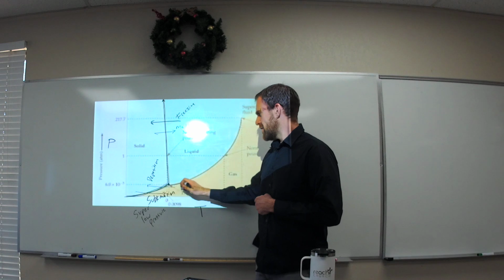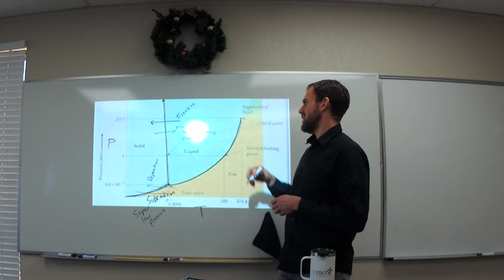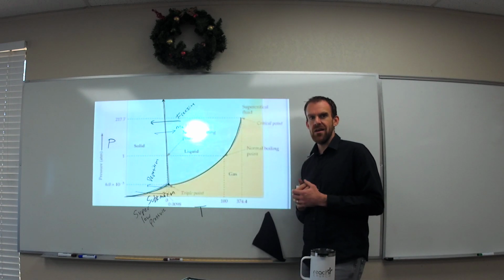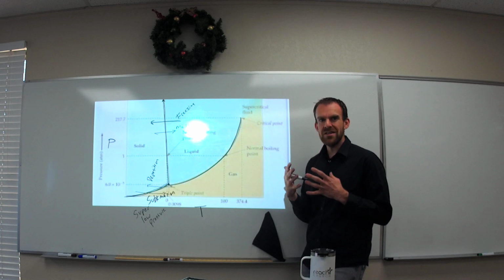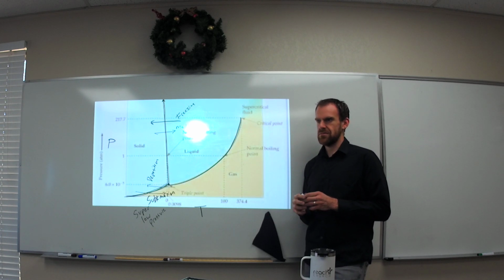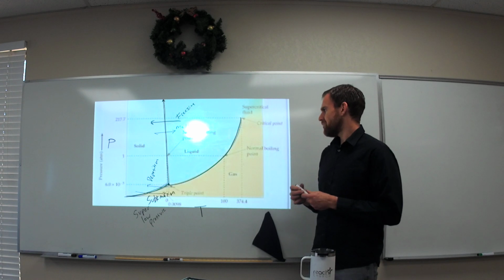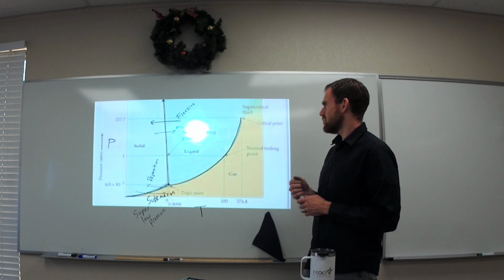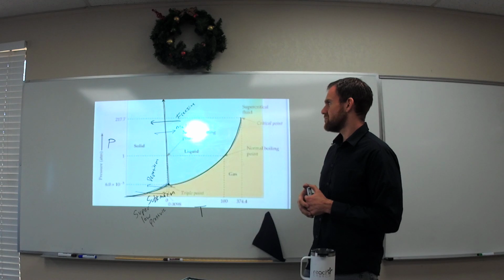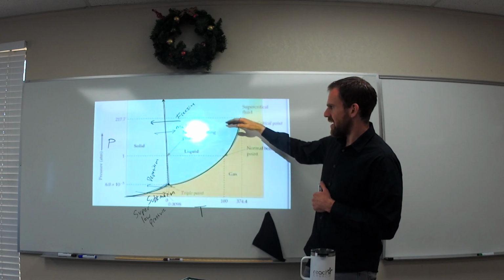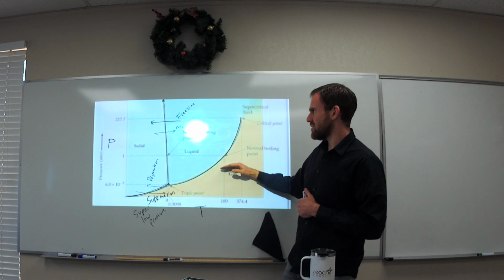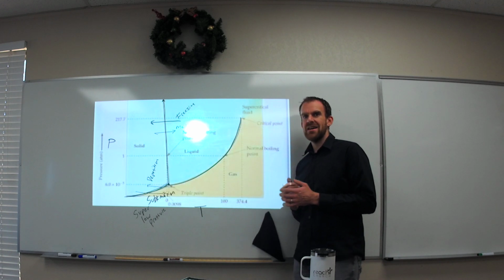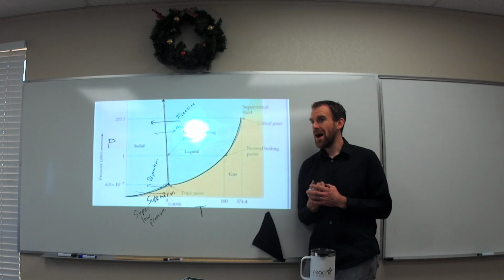Then you have this curve here, which notice is very different as pressure changes. As your pressure is lower, you want to be more gassy, and as your pressure is higher, it will stay as a liquid longer. Why?